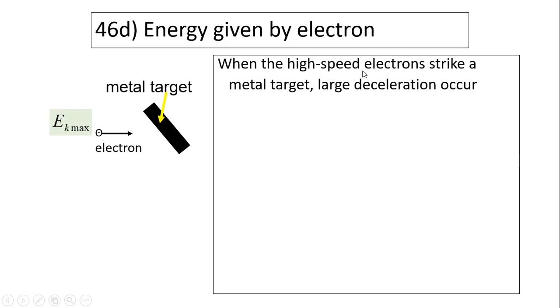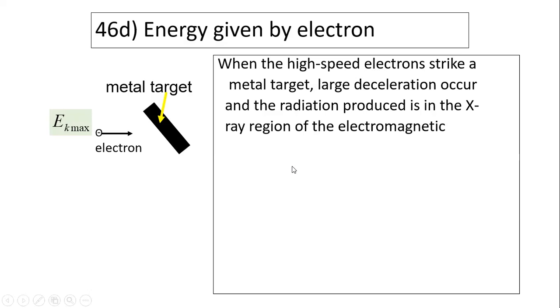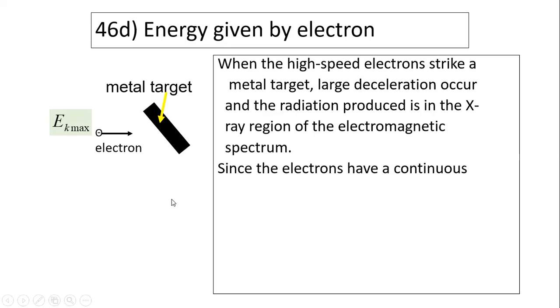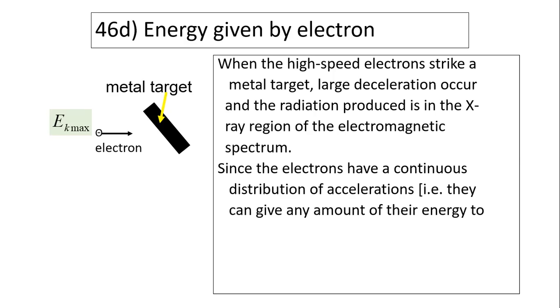When the high speed electrons strike the metal target, large deceleration occurs, and the radiation produced is in the X-ray region of the electromagnetic spectrum. So because of the deceleration at the target, the X-ray is produced. Since the electrons have a continuous distribution of acceleration, right, can have different acceleration, so they can give different amounts of energy to the target. That is, they can give any amount of energy, right?